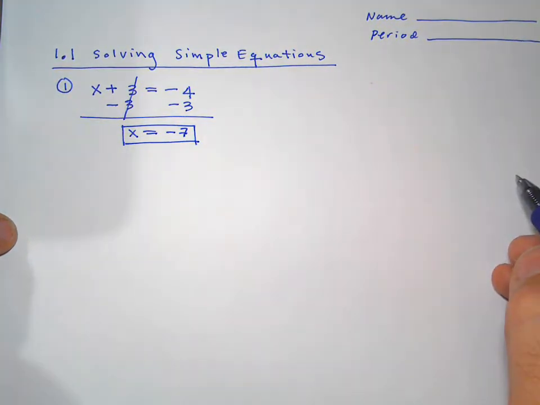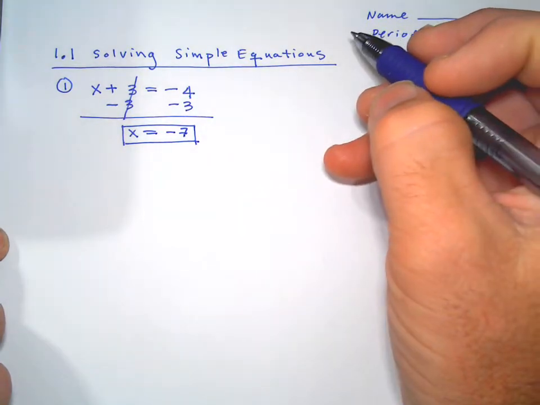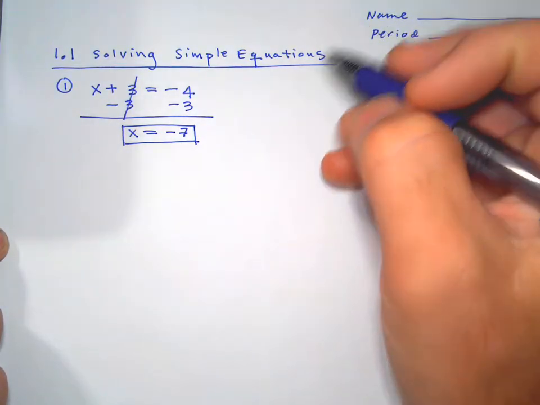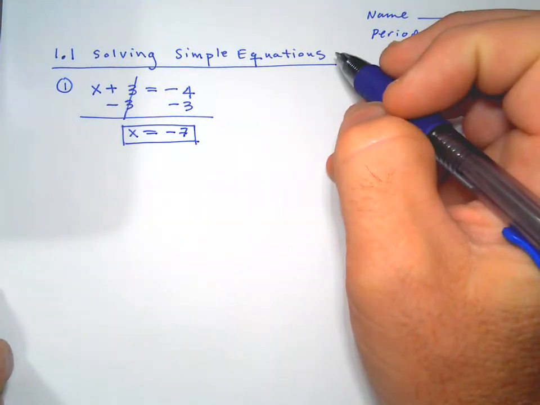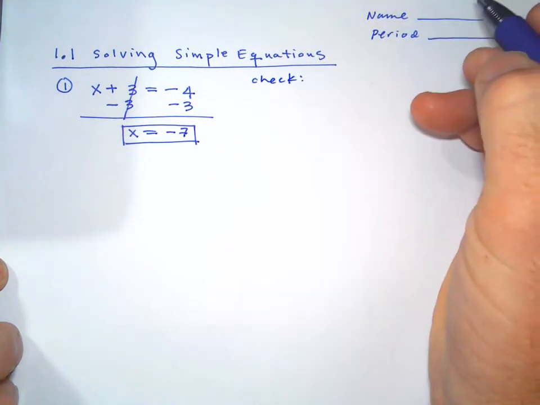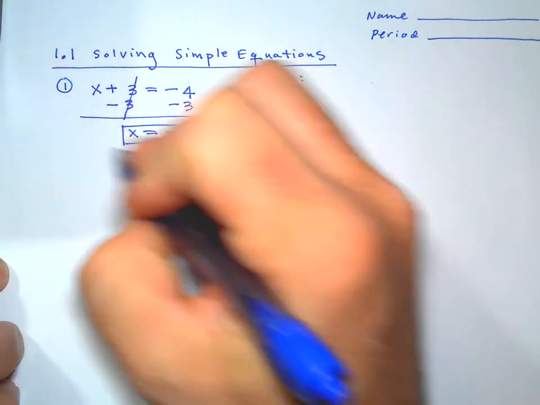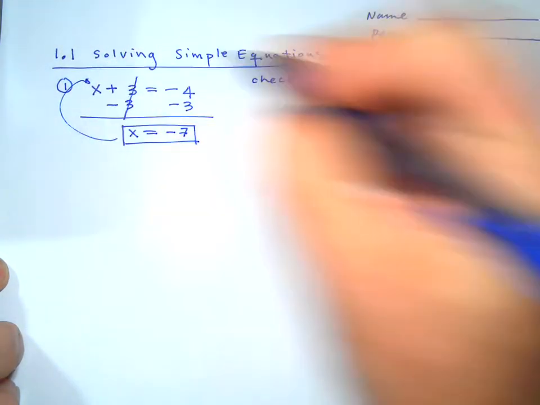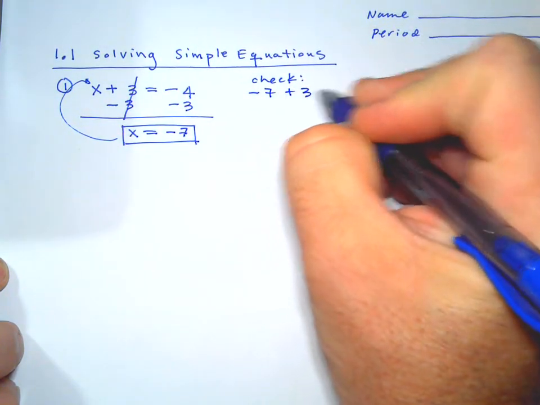Now, on your assignment today, and even if you're not asked to do it in the future, you can do it. It's kind of a nice thing. These kinds of problems, you can check your answers without having to look up the answer in the back of the book. And this is something I want you to do on today's assignment. So the way you check it is you plug this value back in for the x value originally and write everything else exactly the same.